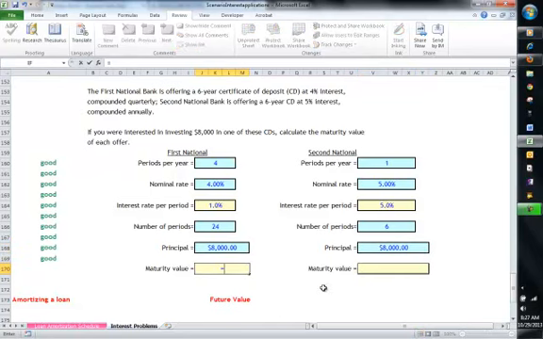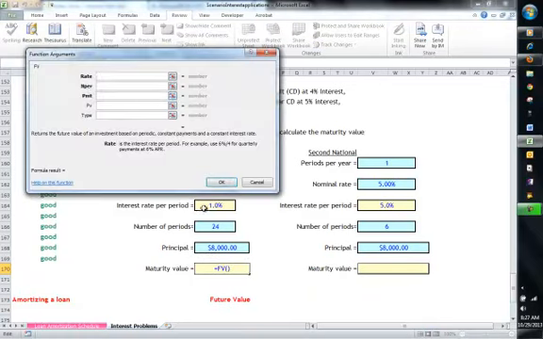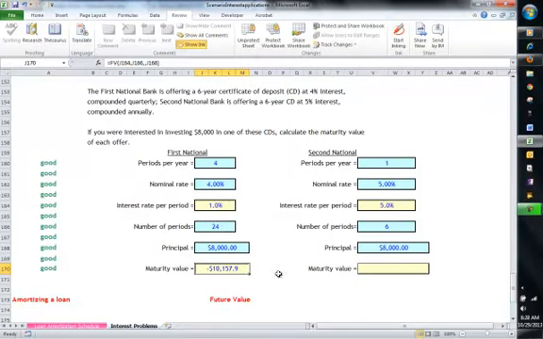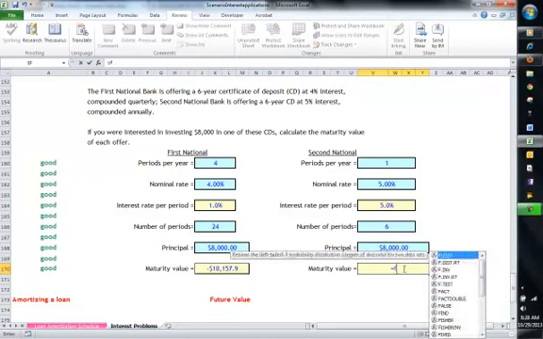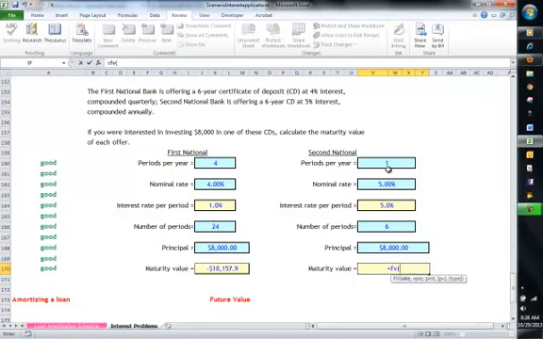Maturity value, so equals future value, and the rate is 1%. Number of periods is 24. Present value is $8,000. So we're going to have $10,157.90.